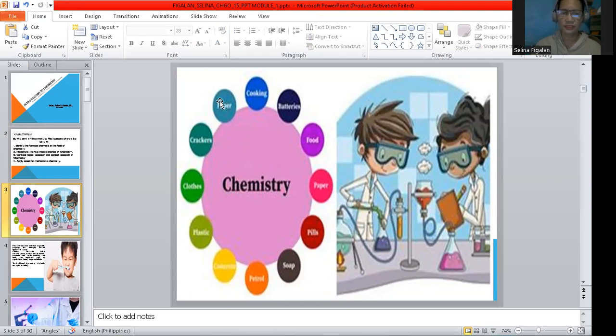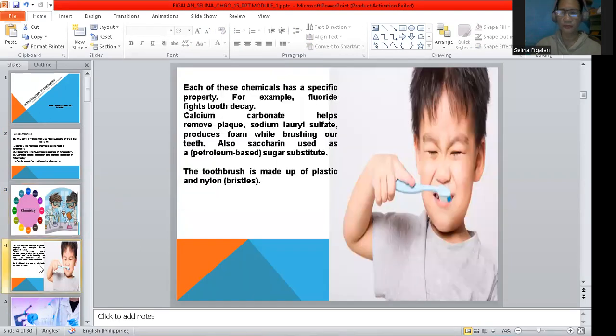So if you notice, here is the presence of paper, the clothes, the soap. All of this is made up of chemicals. For example, here in the example, it is not included in your module 1. So look at this. He is brushing his teeth. Why is it necessary to brush your teeth?